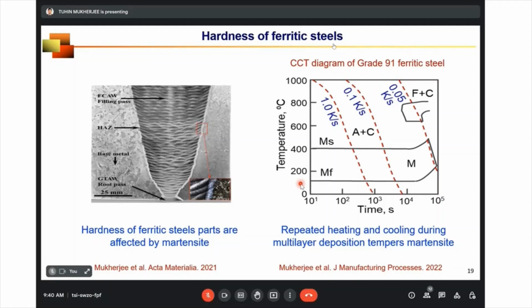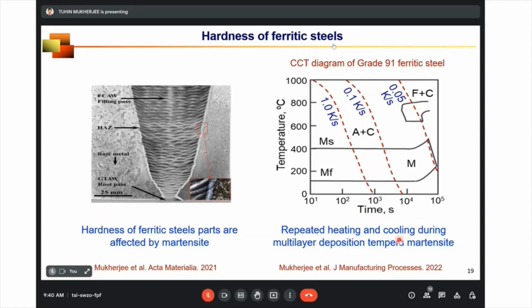But in additive manufacturing, we make the part by depositing layers. And when we deposit many such layers, that means we are repeatedly heating and cooling the part.